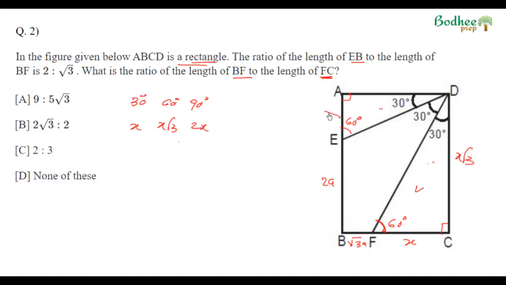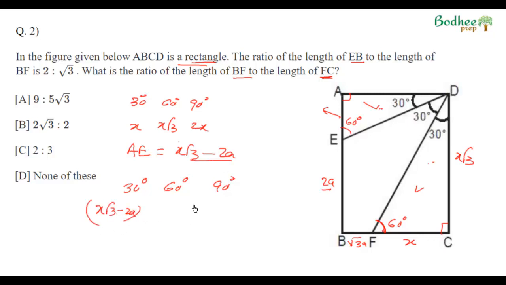So we can say this much portion, that is AE, has to be x root 3 minus 2A, correct? Now again, if I focus on this particular triangle, in this 30, 60, 90 triangle, the length opposite to 30 degrees is this much, which is x root 3 minus 2A.